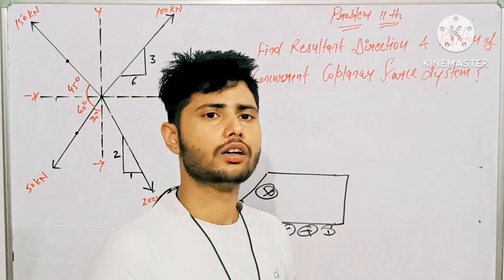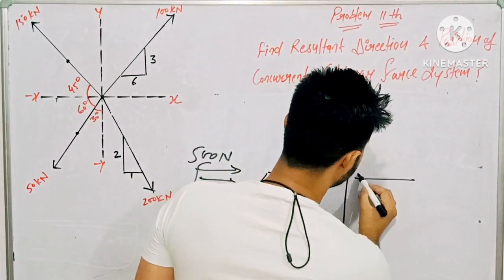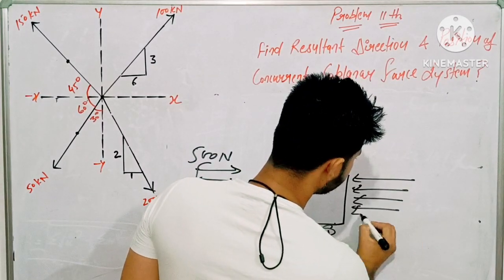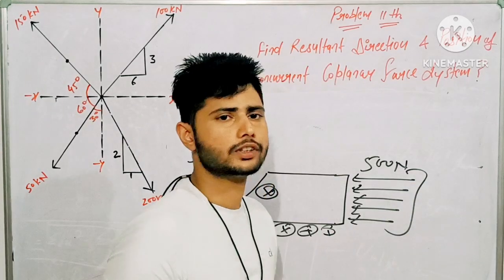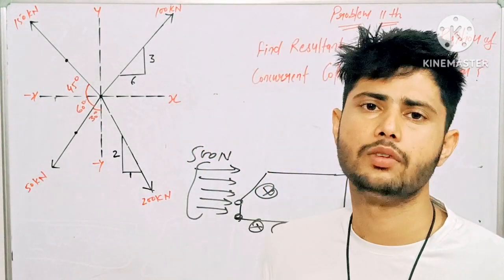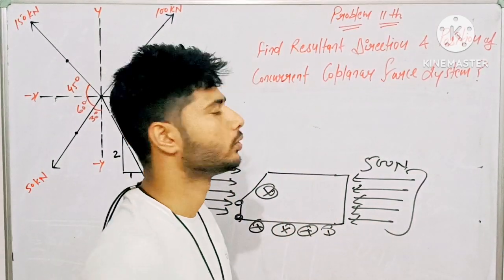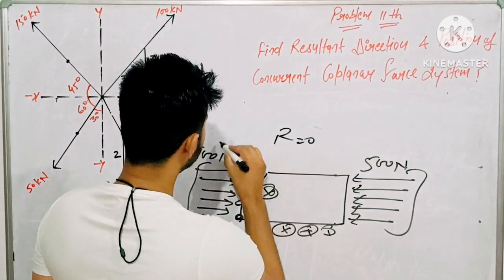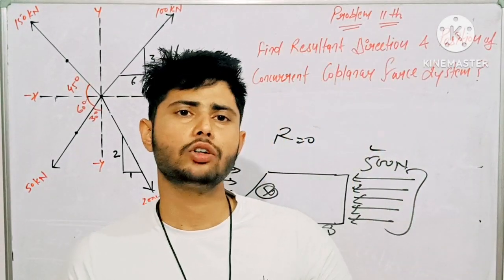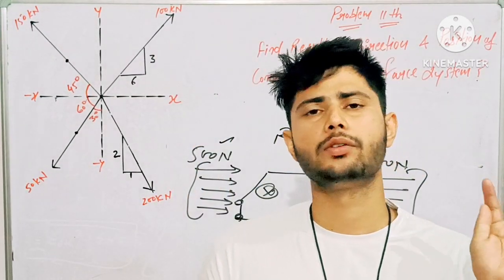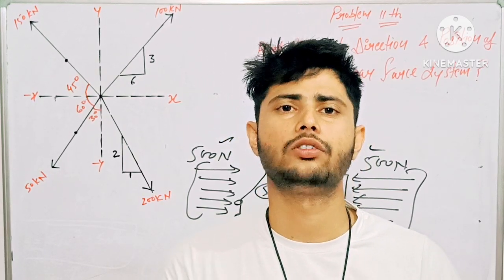So according to the first law of motion, watch carefully, if 5 persons on the other side are also applying the same 500 Newton of force to move it in the forward direction, then your body will remain at rest or in uniform motion, because the resultant is 0, because the 500 Newton forces cancel each other out. According to Newton's first law of motion, your body will remain at rest or in uniform motion till an unbalanced force is applied on it.